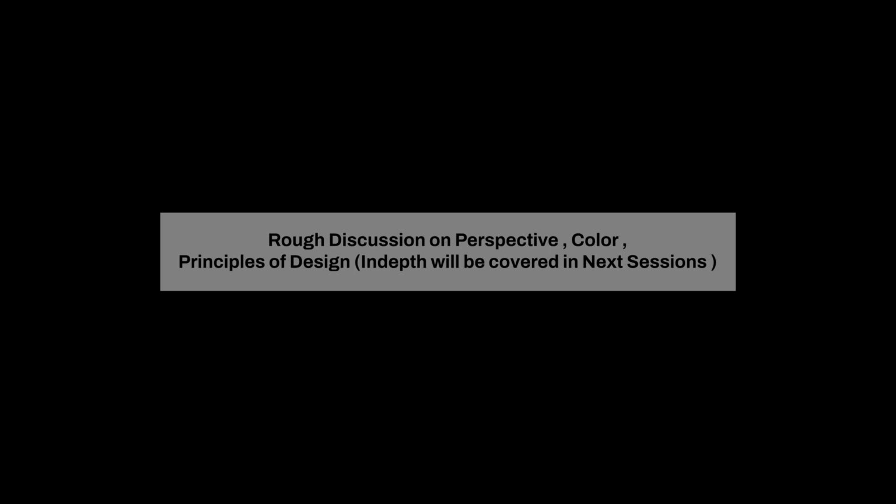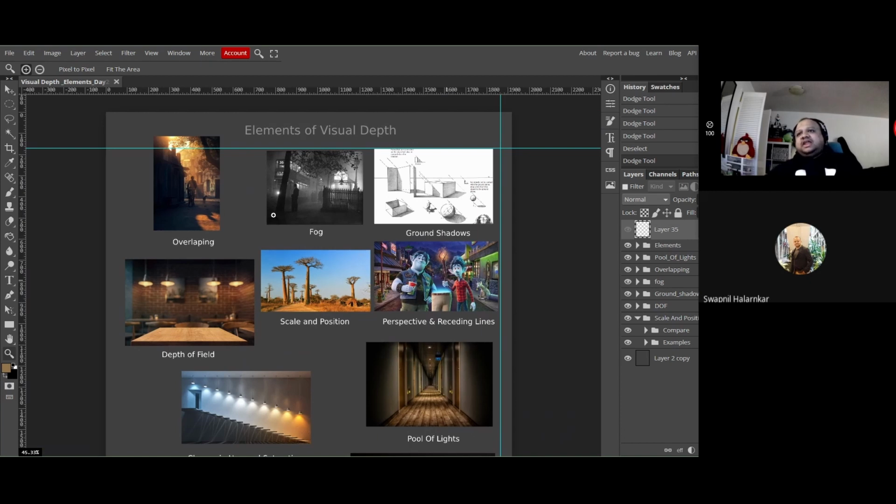But I will be teaching perspective again though, and yeah, do you have any questions on any part of what we have discussed till now? Because we have time, like 45 minutes now, we can spend some time talking about different things, and whatever has been covered we can always talk about it.